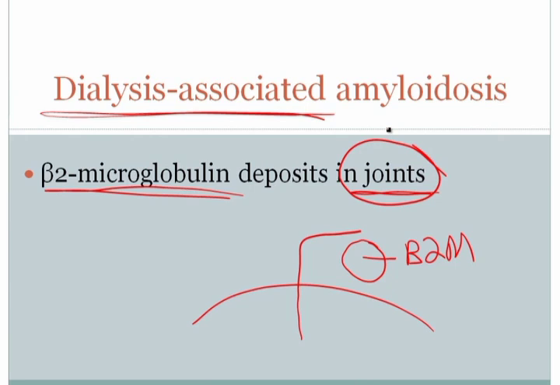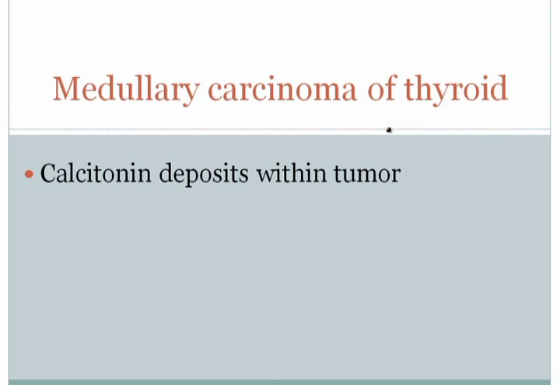And the final localized amyloidosis arises in medullary carcinoma of the thyroid. Recall that medullary carcinoma of the thyroid is a tumor derived from C cells.